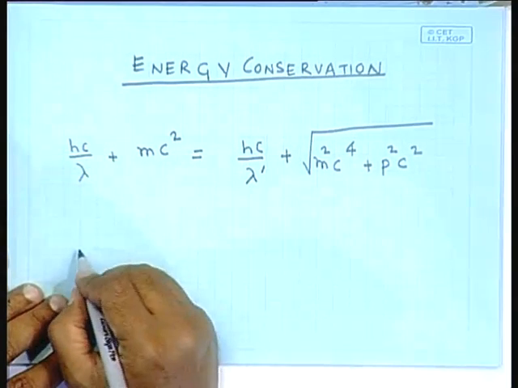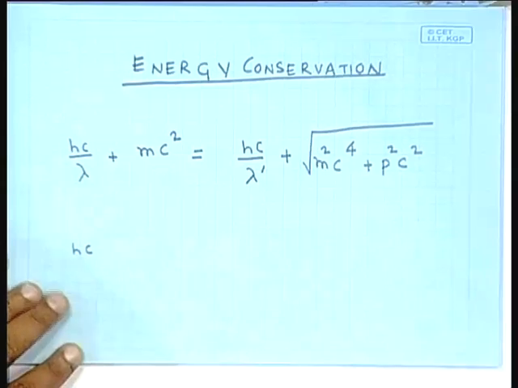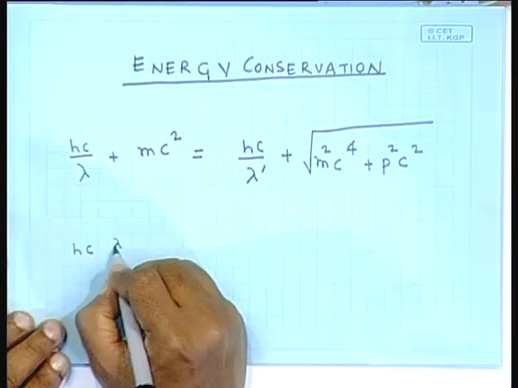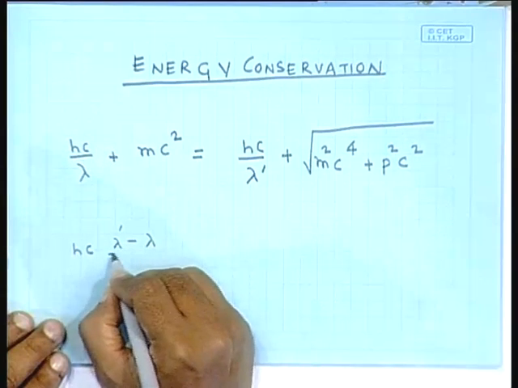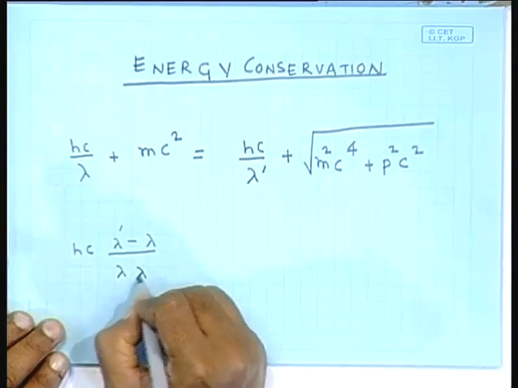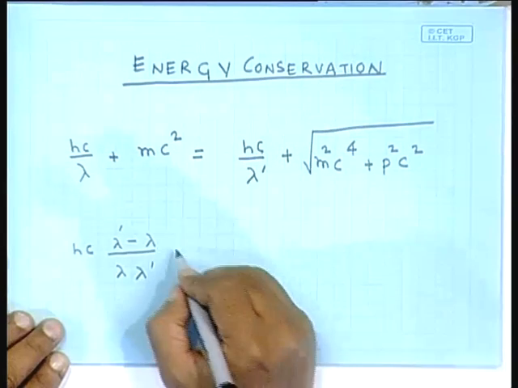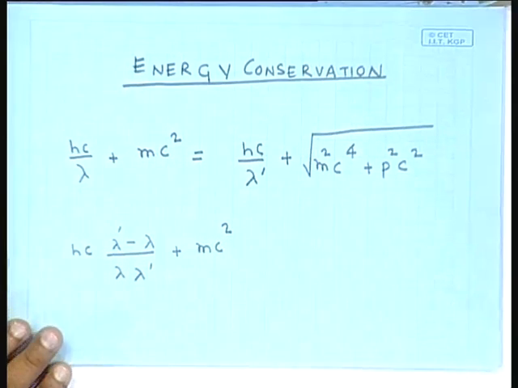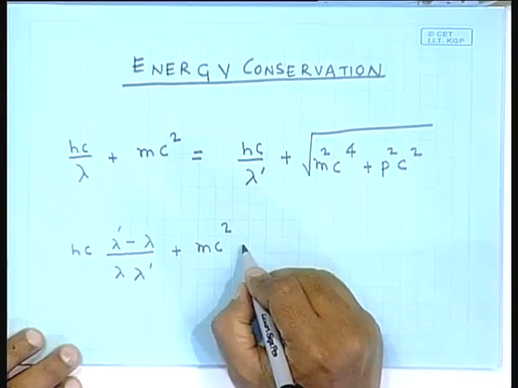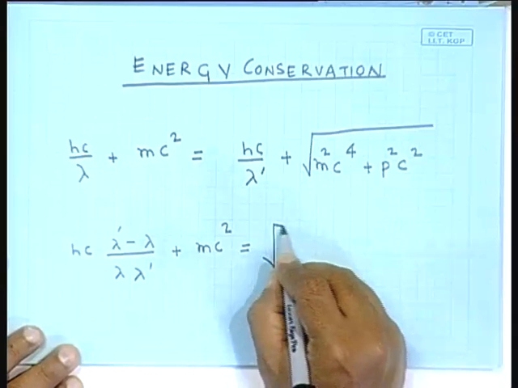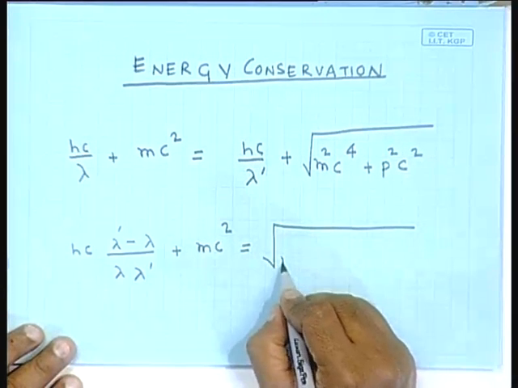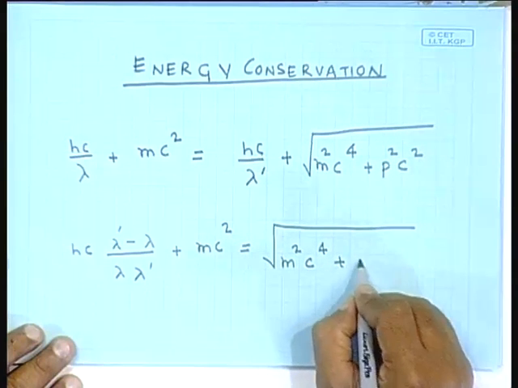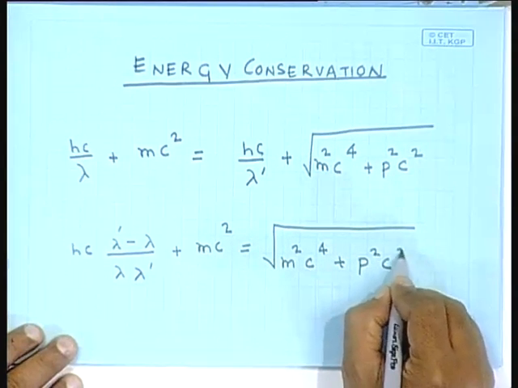What it's going to give us is hc (λ′ − λ) divided by λλ′, since I have taken this term on the left hand side, plus mc² is equal to the square root of m²c⁴ + p²c².